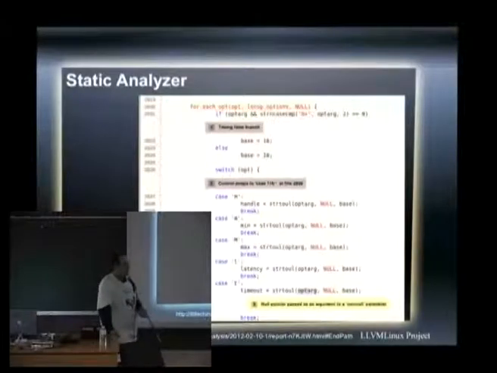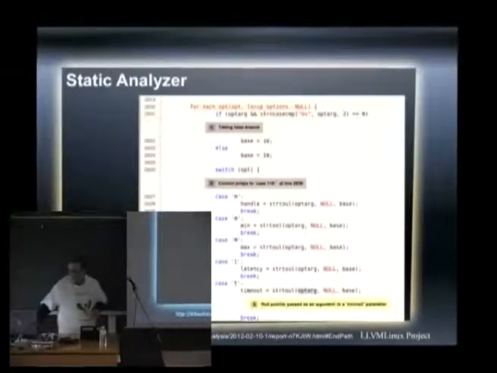We are currently working on adding this analyzer, the checker, to our compilation of the Linux kernel. It's still in an early stage. And of course, the kernel is a huge code base, but we are working on this. And we are curious to see what we will find here, what can be improved in the kernel.